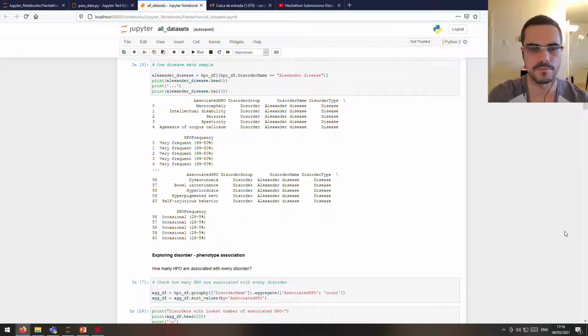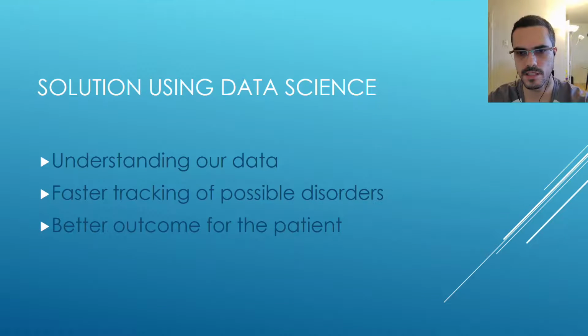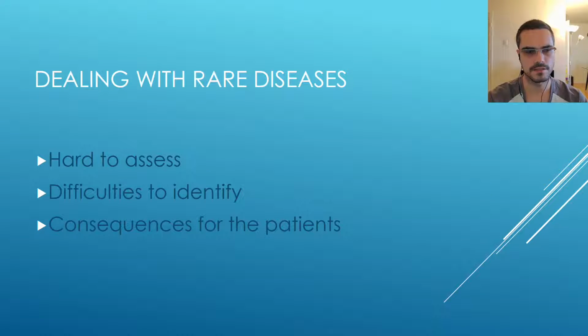Here is an example of the data we have, and as you can see, we have a disease and many different phenotypes for the same disease. This means that if we cross the data, we can come up with a disease related to different phenotypes. And that's the solution we decided to work with.